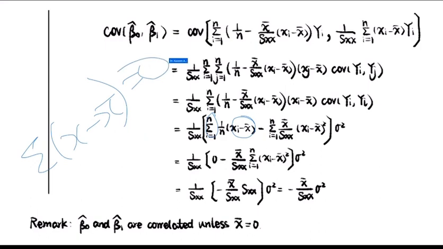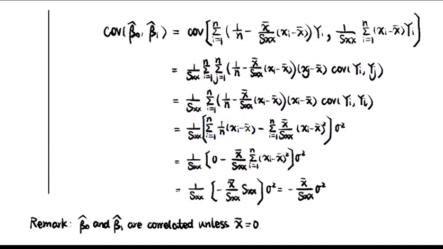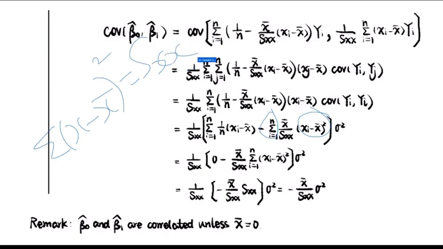That was why 0 times all of that. That was why this guy is 0. And not only that, when you apply this summation on this guy, you remember summation of x minus x bar all squared is going to be Sxx. So this guy is going to be Sxx. Now when it becomes Sxx, that was why you get this guy and this guy. This guy is Sxx. Then you're going to be left with just negative x bar sigma squared over Sxx.